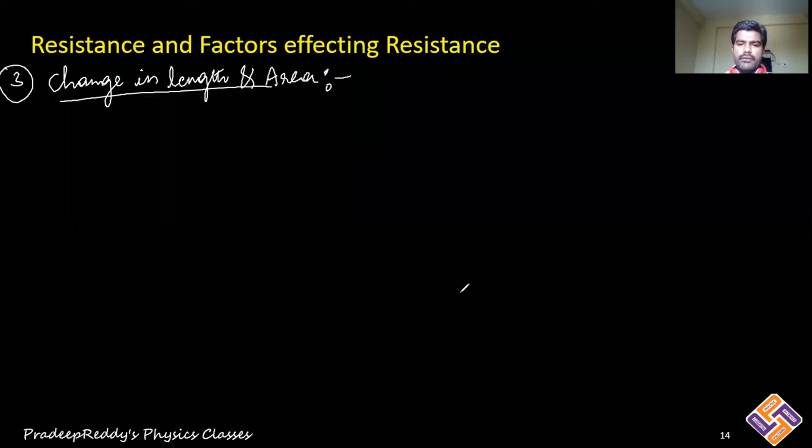So in such cases what we will do, for example, you have a conductor. This conductor has length L1 and area of cross section A1. This is one conductor. Now you are taking the same conductor and you are just extending it.